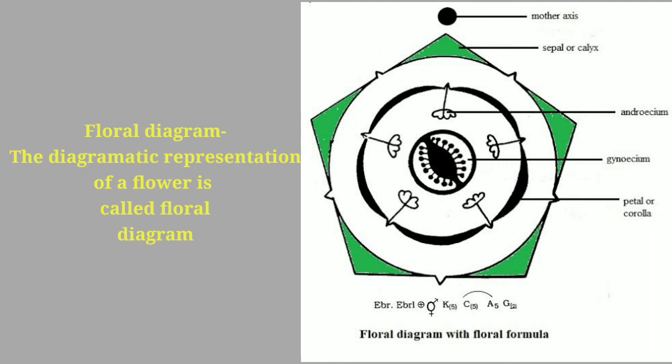Now the androecium is also 5 in number. But the androecium and the corolla, that means the stamen and the petal, are united, which is the epipetalous condition. Therefore, the androecium is attached with the corolla. As you can see, there is a line that is drawn.